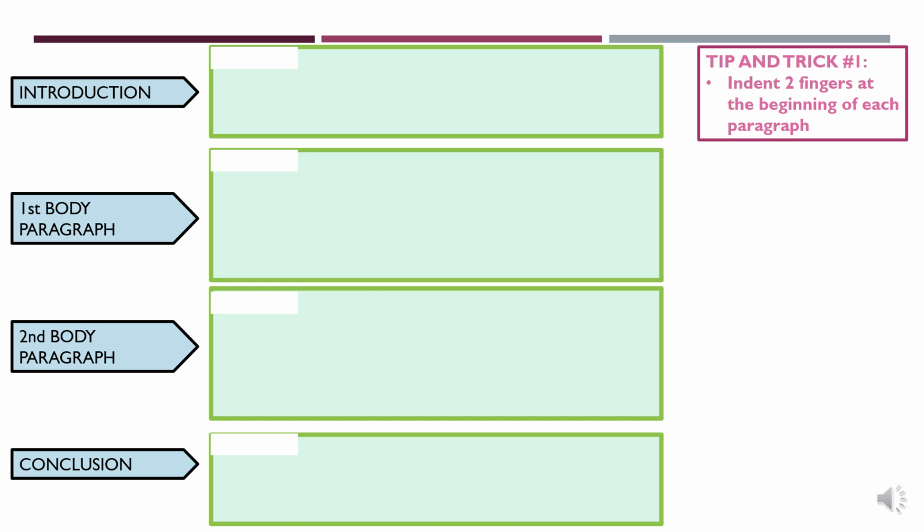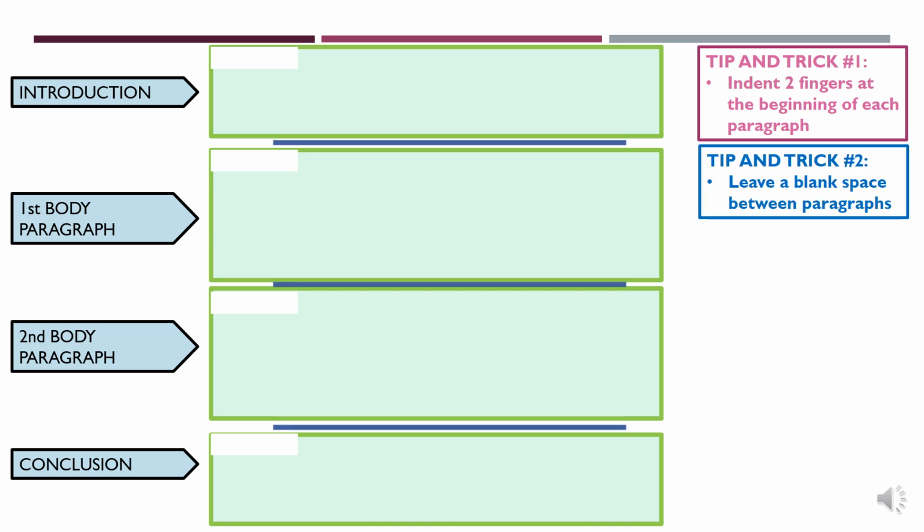My first tip and trick is that for each of these paragraphs, you need to indent 2 fingers at the beginning, so that your reader, the person who's going to correct your essay, knows where your paragraphs begin. The second tip and trick is related to this one.